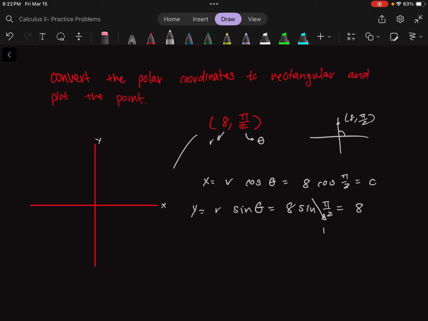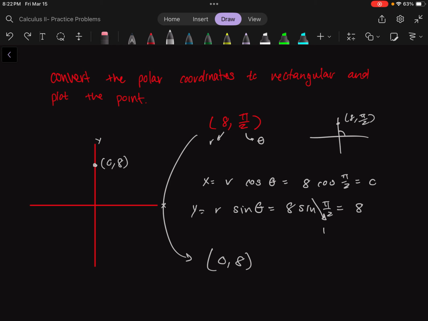So this coordinate, 8, pi over 2, in rectangular is 0, 8. So we can graph that point right here, 0, 8. It ended up being the same in polar as it is in rectangular because of that angle.